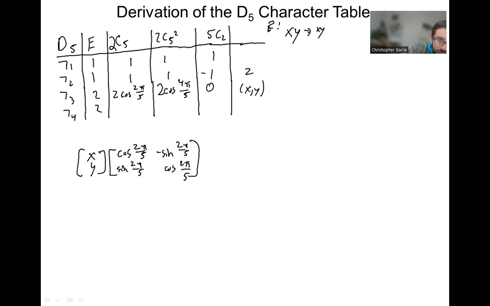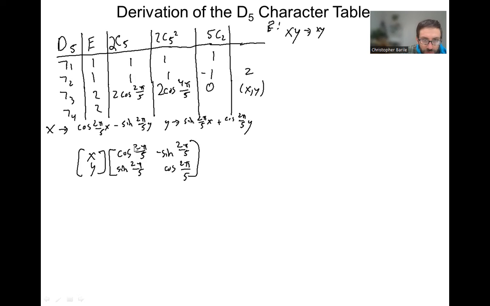All right, so I'm going to expand out this matrix multiplication. What is this saying? It's saying x goes to cosine 2 pi over 5 times x minus sine 2 pi over 5 times y, and y goes to sine 2 pi over 5 times x plus cosine 2 pi over 5 y.